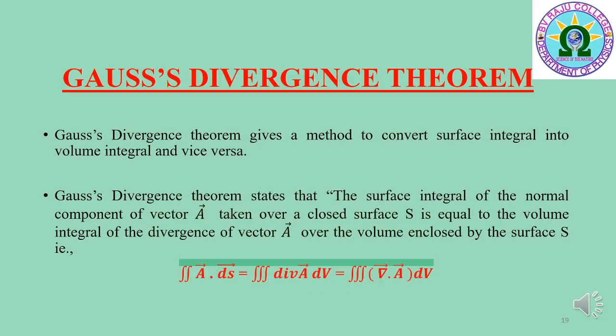Gauss divergence theorem. Gauss divergence theorem gives a method to convert a surface integral into a volume integral and vice versa.